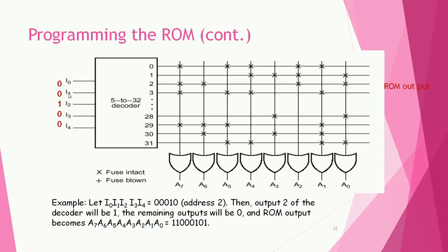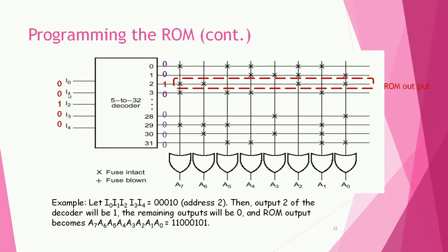By mistake I have written I2 as 1, so it should be 0 1 0 0 0 in this diagram. Then the output of the 5 to 32 decoder should be 0 0 1 0 and all zeros. That means address location 2 is activated.